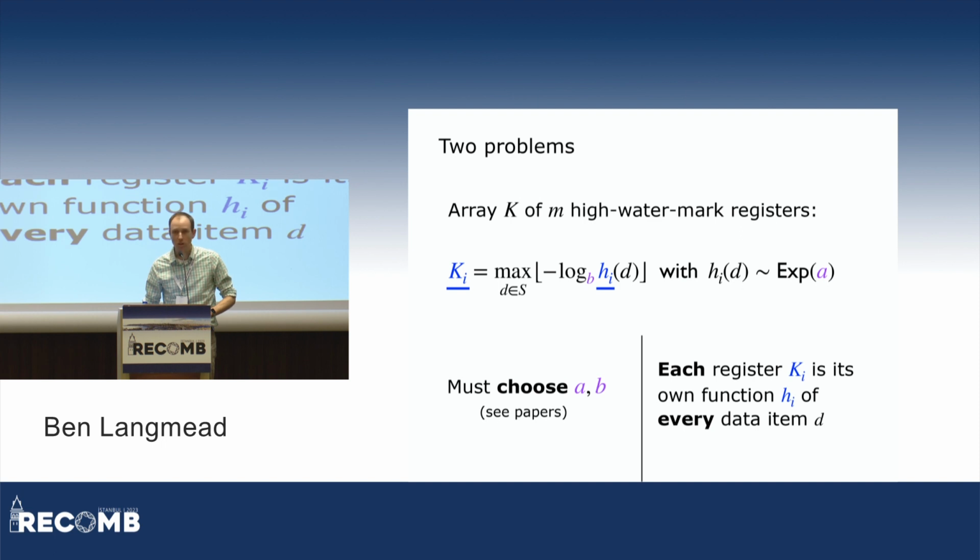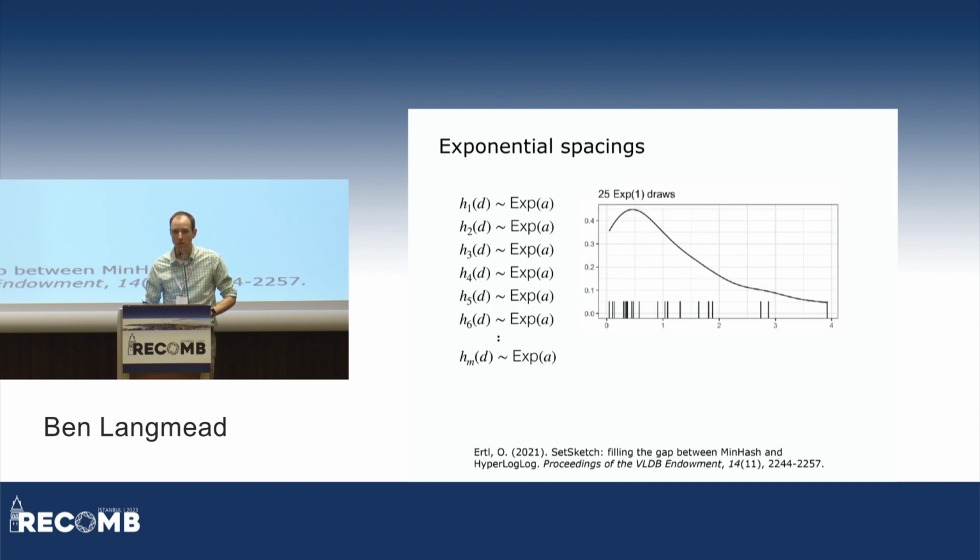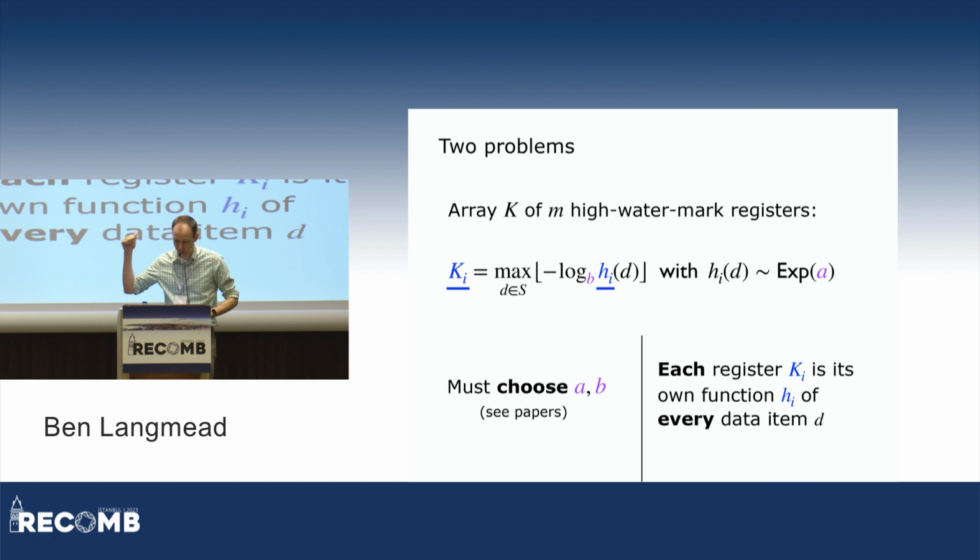Okay, so I want to spend a little time explaining why it's maybe not so bad, like why we don't necessarily expect in practice that it will be a heavy-duty update procedure. And so the first thing I want to point out is that notice that there's an exponential draw for every register and for every input item.